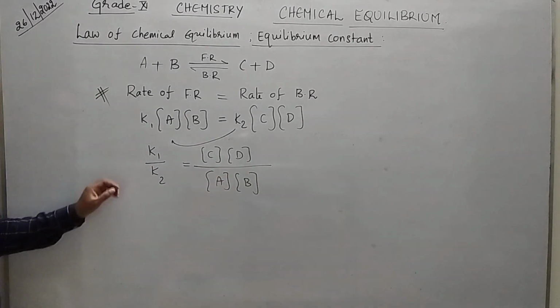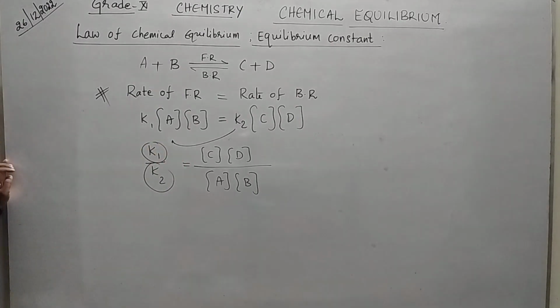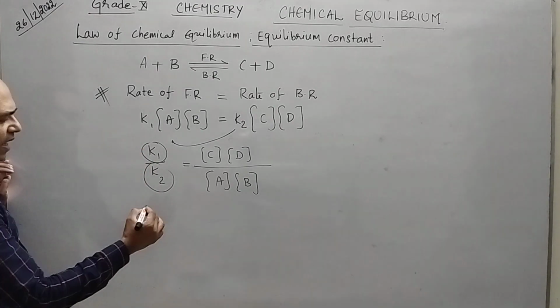Now we know that at a given temperature, this is a constant and this is also a constant. So the ratio of two constants is a constant.